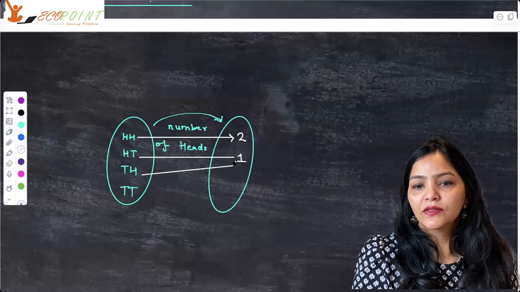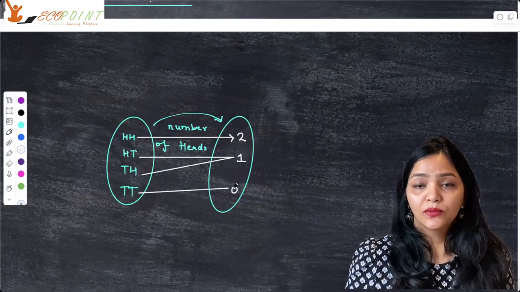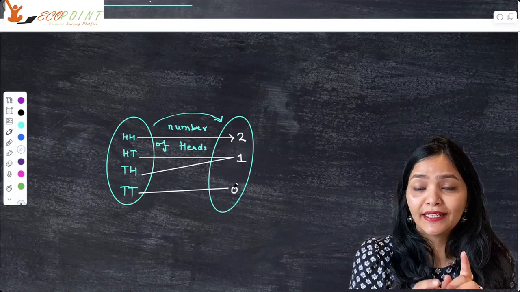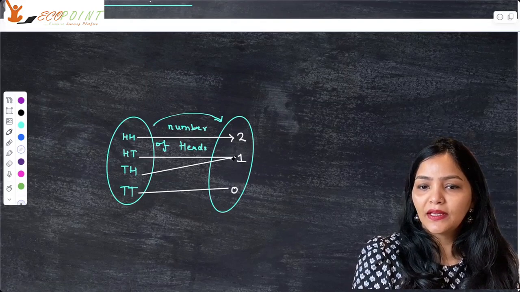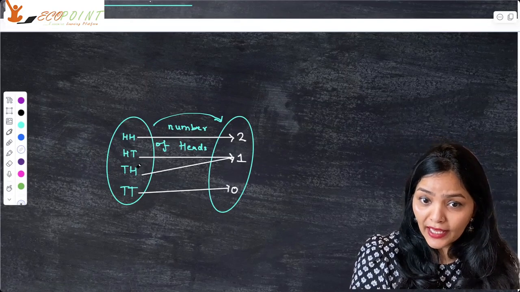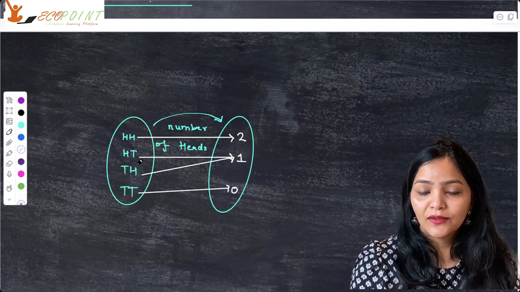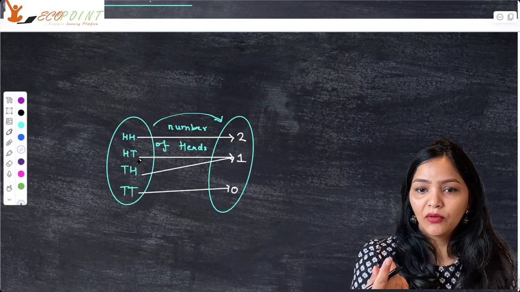This outcome is associated to 1. And this outcome is associated to 0. Yes, it's a many-to-one function. So when I said unique image, please understand exactly the way we have understood in functions. Unique image means you can have a many-to-one relation here, okay? This is something that you should keep in your mind when you are thinking about random variable.